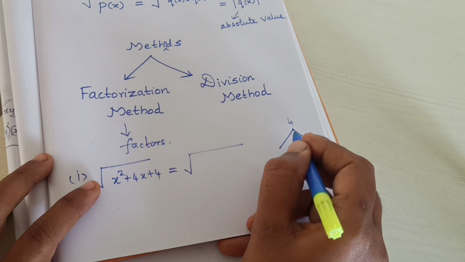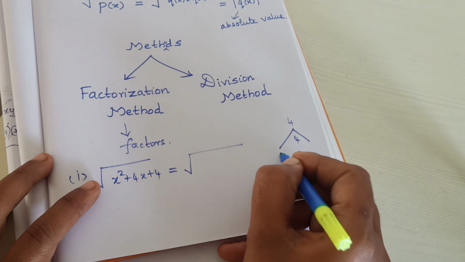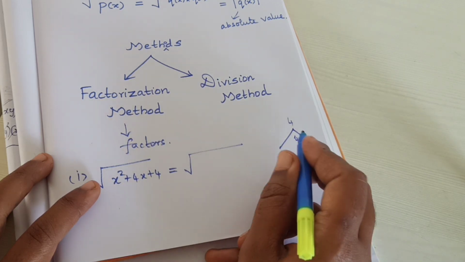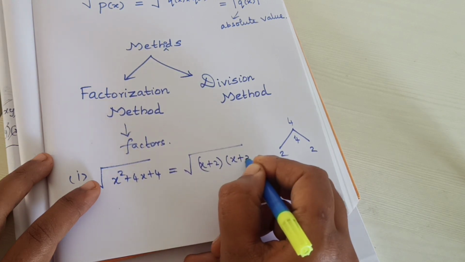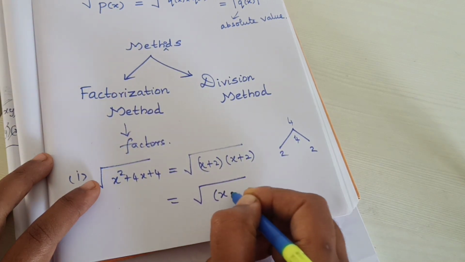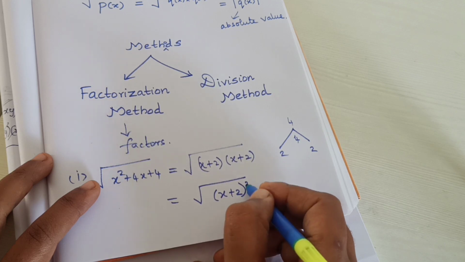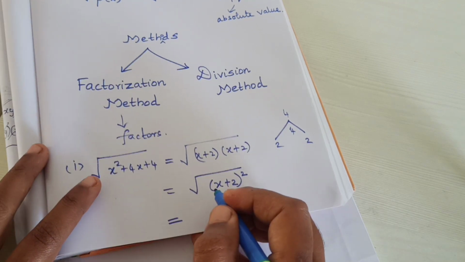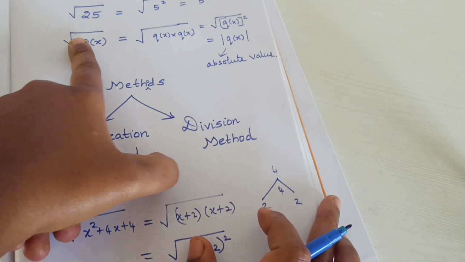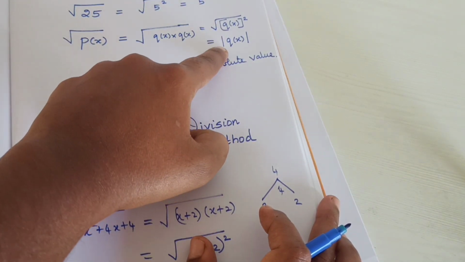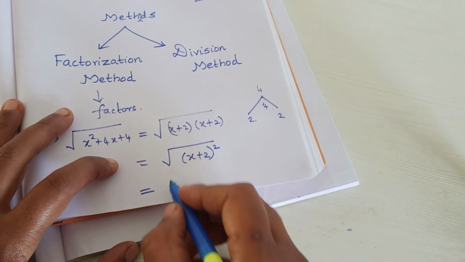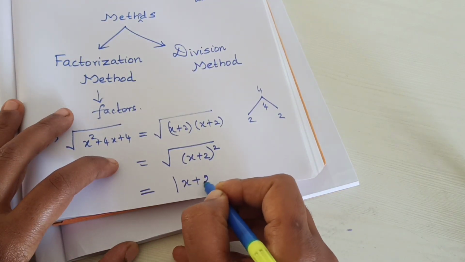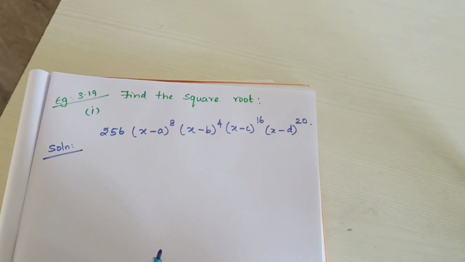The multiplication factor is 4 and the addition factor is 4. 2 2s are 4 and 2 plus 2 is 4, correct. So, x plus 2 into x plus 2. Then square root of x plus 2 how many times? 2 times. Square and root get cancelled. And for rational expressions, you need to write inside the modulus. That means absolute value. So, what is the answer here? Modulus of x plus 2.